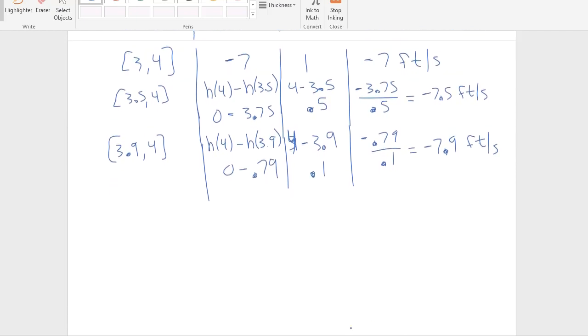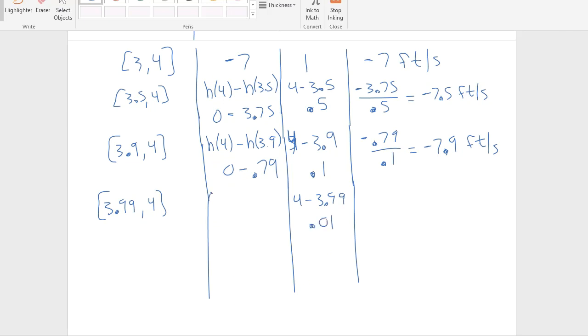Now let's go ahead and do one more interval closer. Let's look at the points from 3.99 to 4. The change in time here is 4 minus 3.99, and that's 0.01.